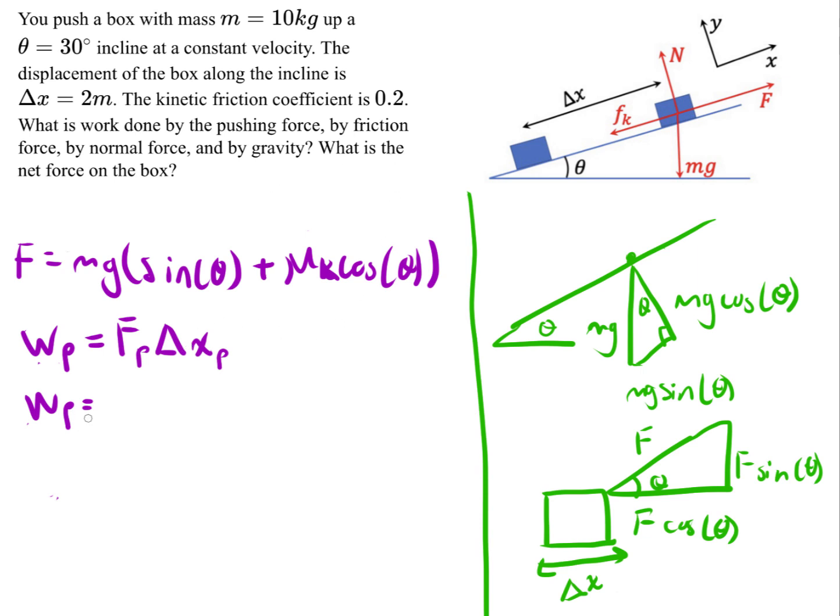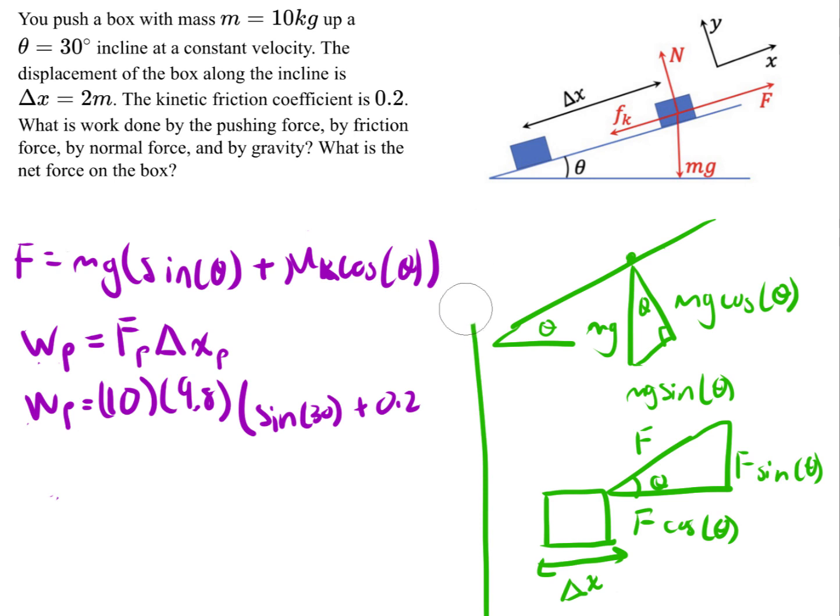We know that the mass of the box is 10 kilograms. We know that the gravity is 9.8. And then now, sine of 30, because the incline is at a 30-degree angle, plus the coefficient of kinetic friction, times the cosine of that angle, 30.